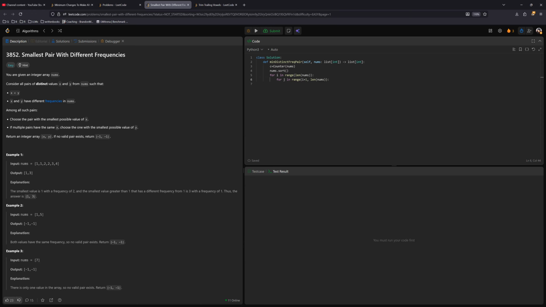And we're supposed to return the smallest possible value of x, right? So now it's sorted, so we're already looking at the smallest one. So if i equals j, then continue. Right? Now, if multiple pairs, choose the pair with the smallest possible value of x.